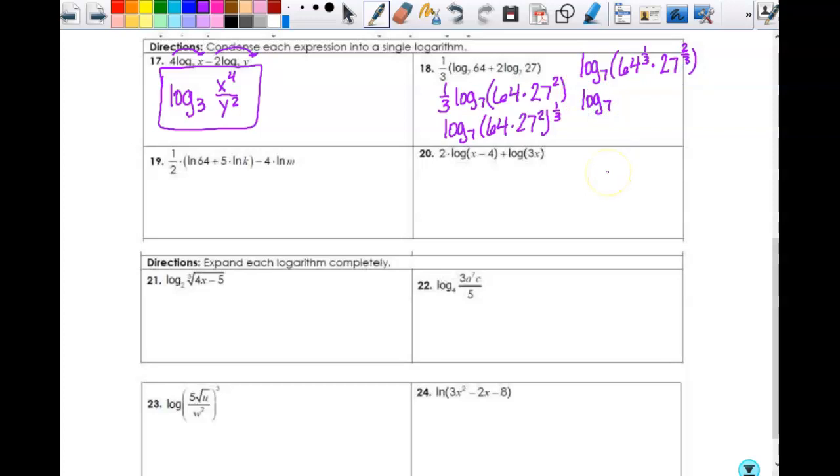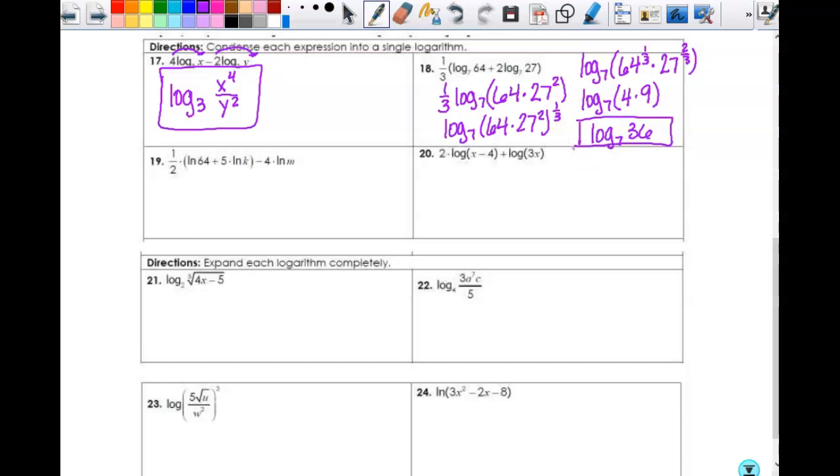So 64 to the 1/3 power is going to give me 4. And then 27 to the 2/3 power, so if I take the cube root first, it's going to give me 3, and then I square it, it's going to give me 9. So I just get 4 times 9, log base 7 of 36. That's my answer.